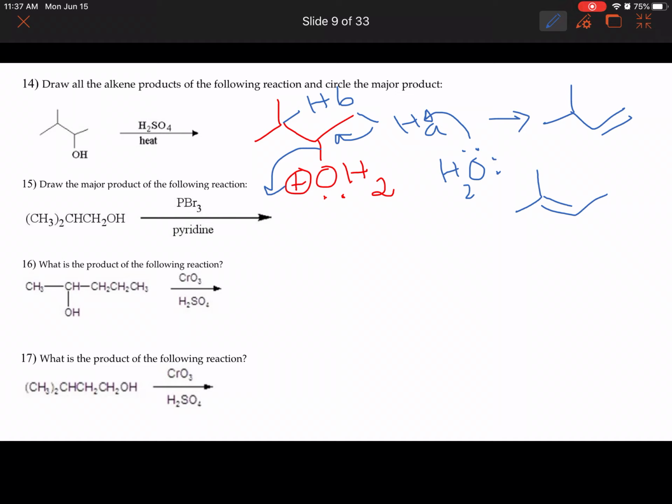And what are the other possibilities we have? Is that all, or can you think of another alkene that it can form? What would be another one? So we drew 2 of those, and another one would be a rearranged product.